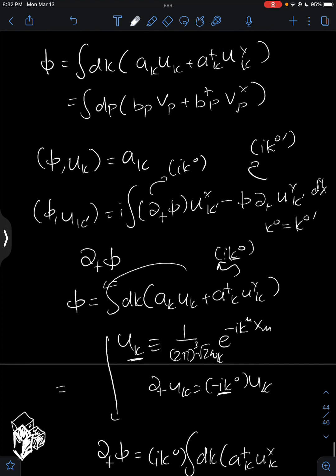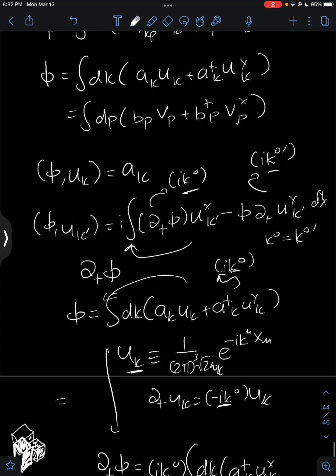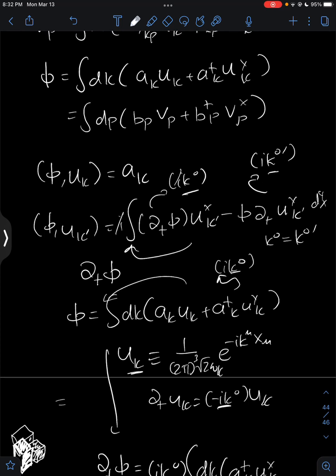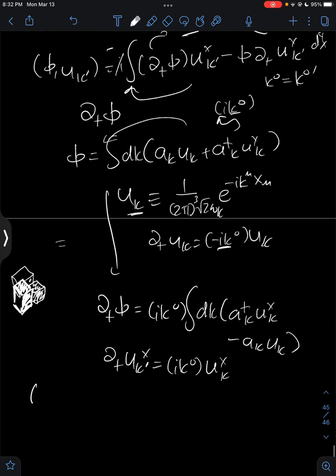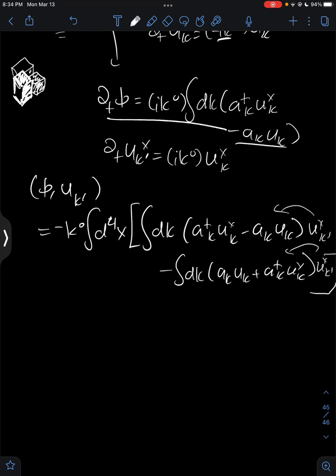So we're just going to factor out all of these together in the front. As a result, these i's will cancel out, and we have a factor of -1 in the front. This basically means that the inner product of phi and u_k prime gives us minus k^0 integral over this.